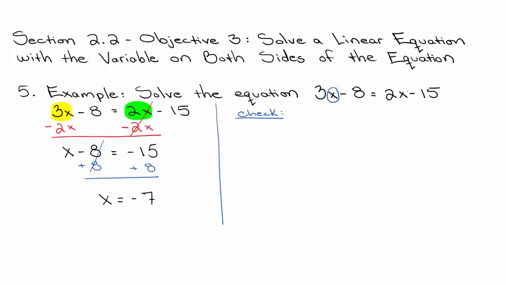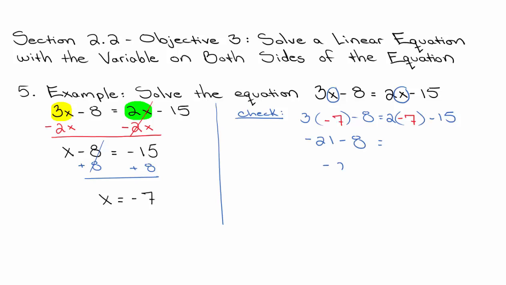Every time there was an x in the original equation, we're going to substitute that with a -7. Everything else stays the same. 3 times -7 is -21 minus 8.